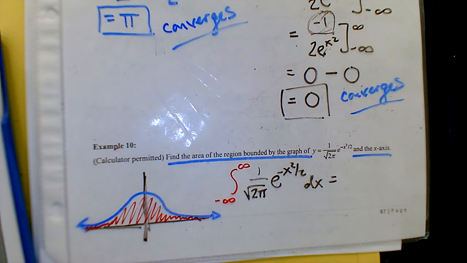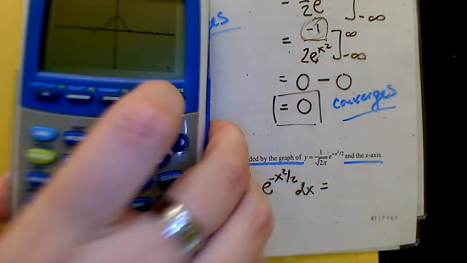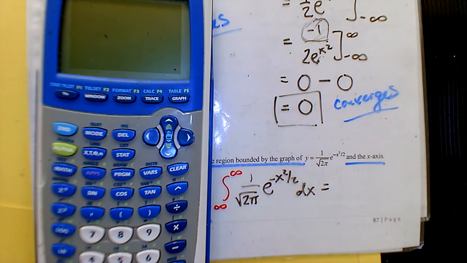There's a few different things you could do. I did the integral from -100 to 100. Okay, so instead of -infinity to +infinity, you just use large values. Let's try that.